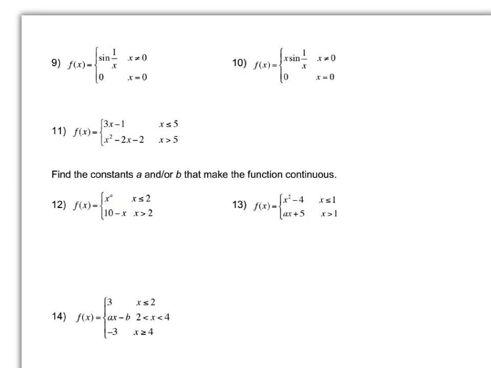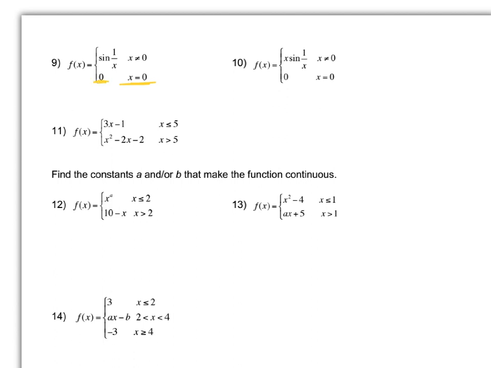All right, so again, we're looking for any values where the function is not continuous. Just because we see piecewise doesn't mean we can immediately assume that it is discontinuous at this change in the graph. So we need to think about what's happening in the function at that x value of 0. If x does equal 0, the value of the function is 0 itself.